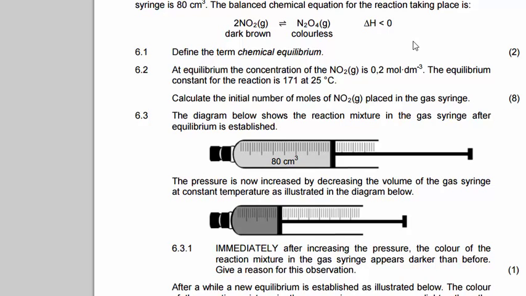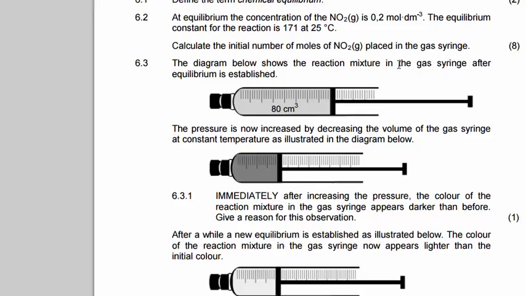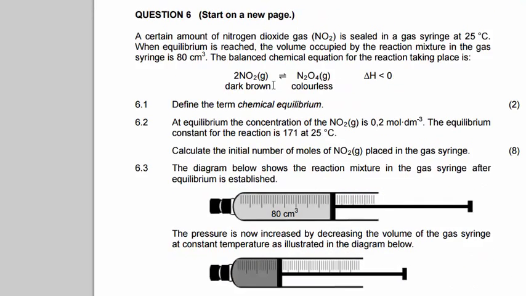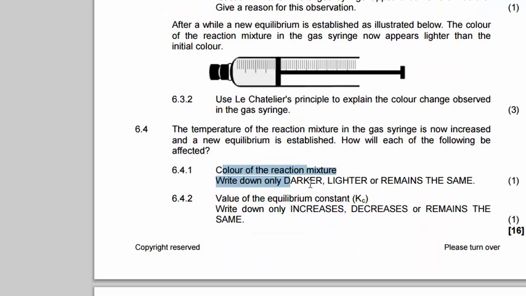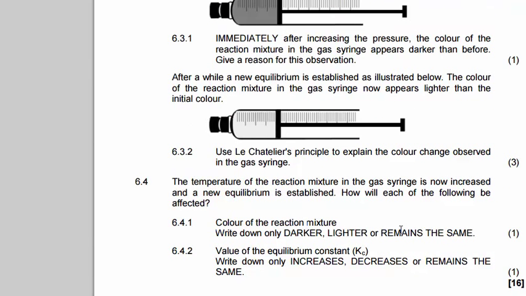A product. So if I increase heat, I'm increasing products, which means which reaction is favored? Reverse. So will it become darker or lighter? Darker.